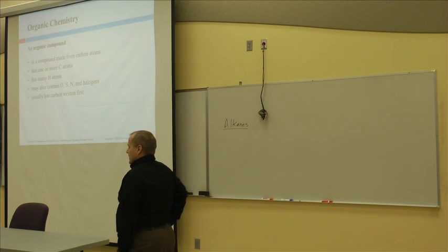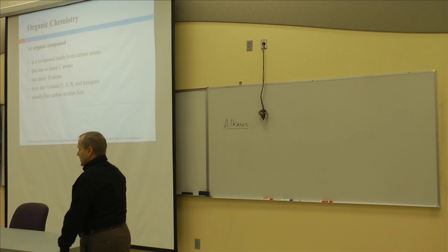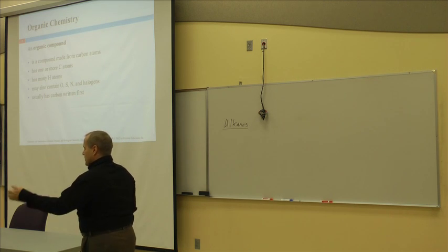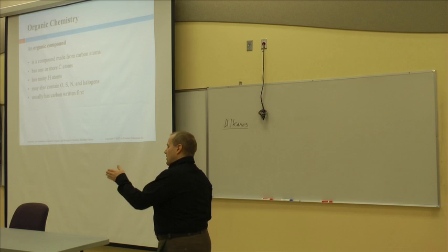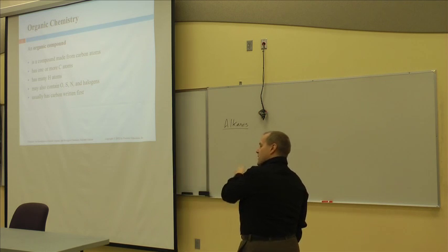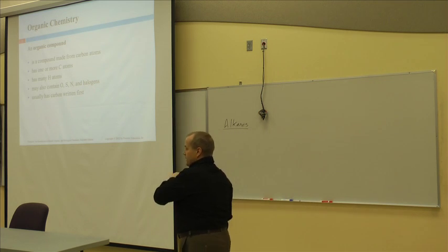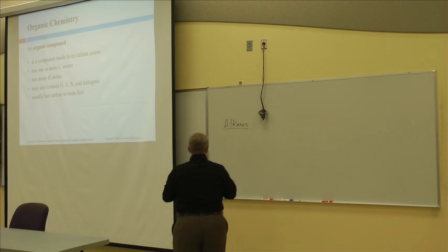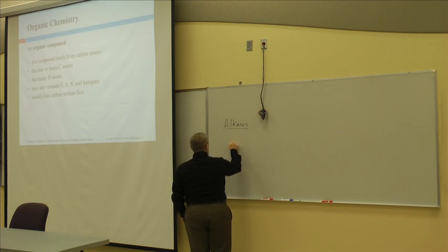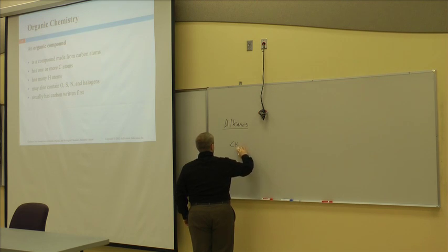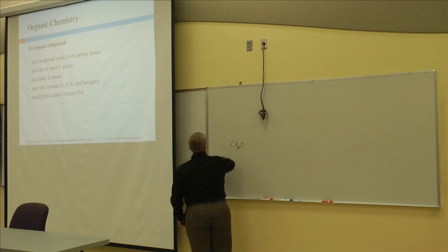And you always write the carbon atom first. Whenever you're writing an organic molecule's formula, you write the carbon first, the hydrogen second, and then all the atoms after that come in alphabetical order. So for example, a formula could be CH4O. That would be an example of an organic compound.